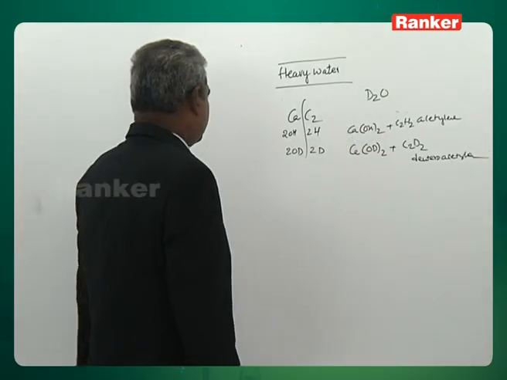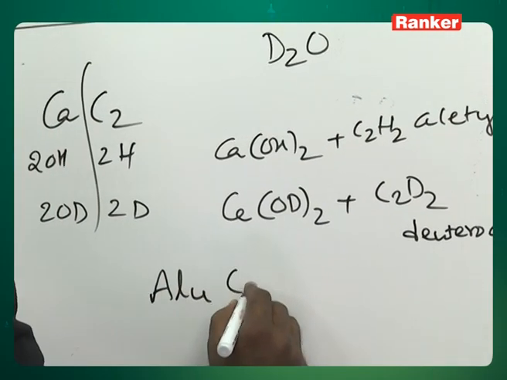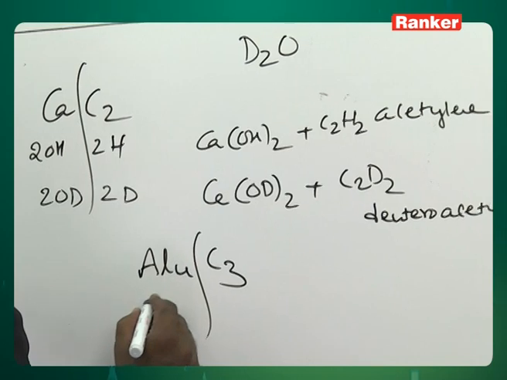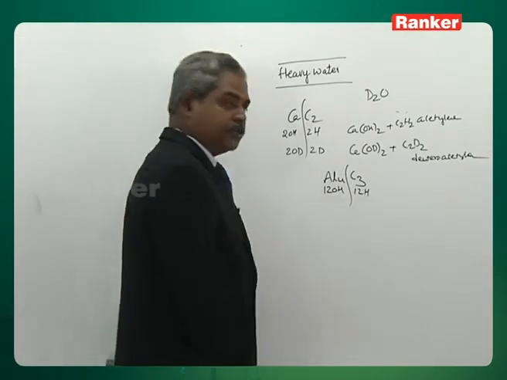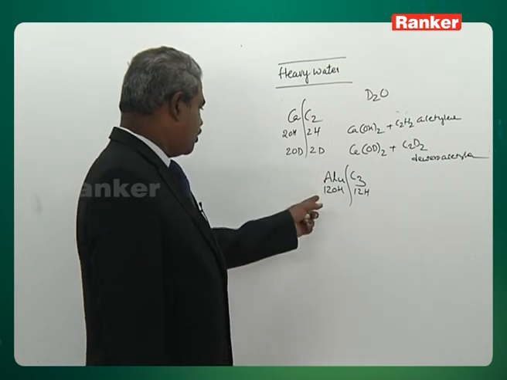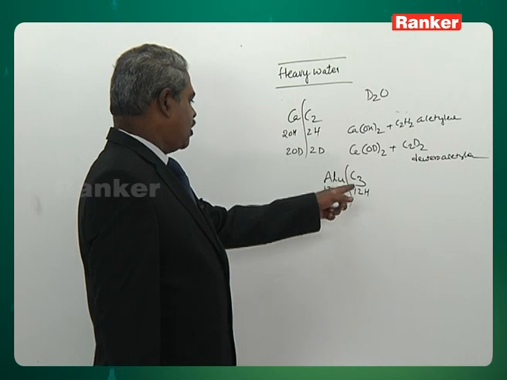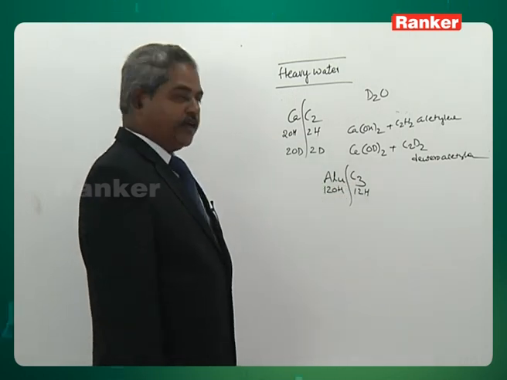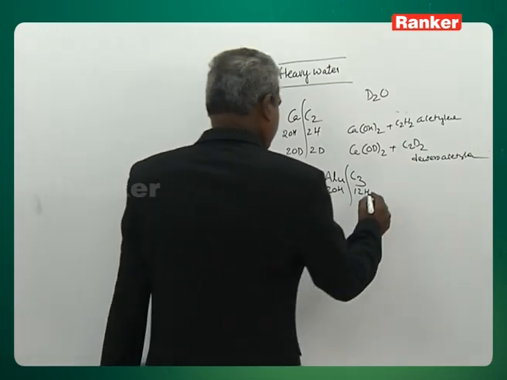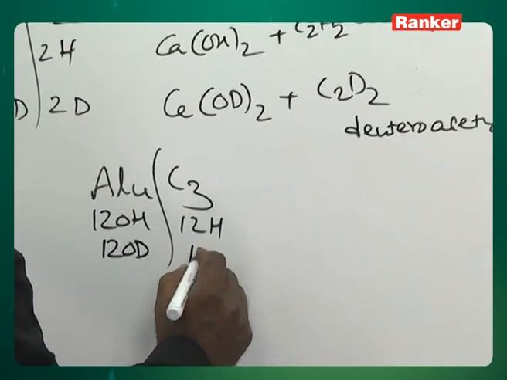Then aluminium carbide, Al4C3. Break the bond. 12OH, 12H. Why am I using 12OH? Because each aluminium wants 3 OH. 4 aluminum is 4 into 3, 12. Each carbon needs 4 hydrogens, 3 into 4, 12H. So, it is 12OD and 12D.